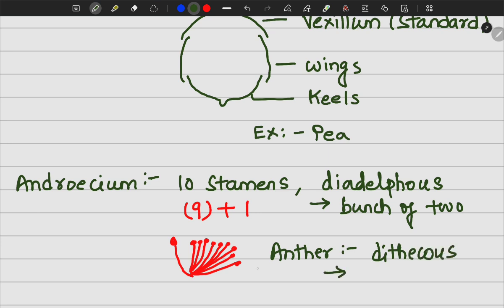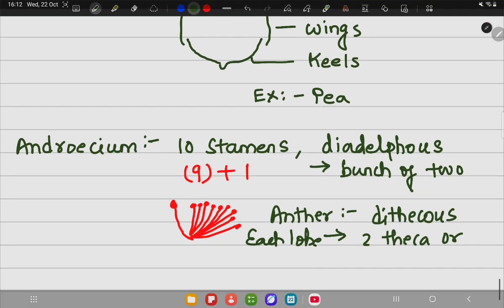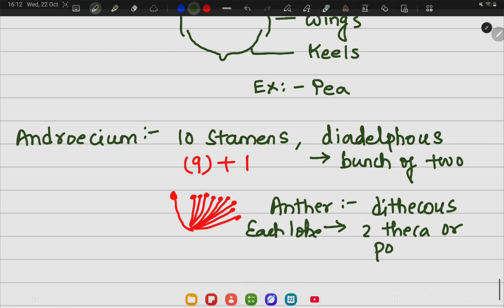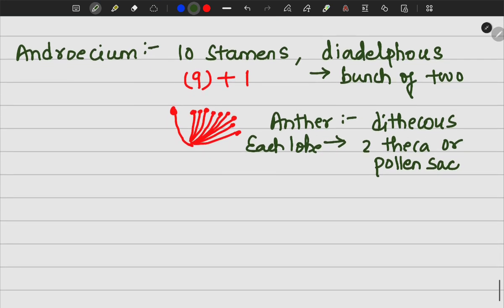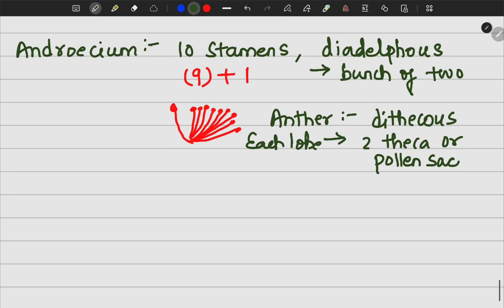Dithecous means each lobe of anther has 2 theca, or pollen sac. So when we studied about the structure of anther, we studied that the anther usually has two lobes, right?